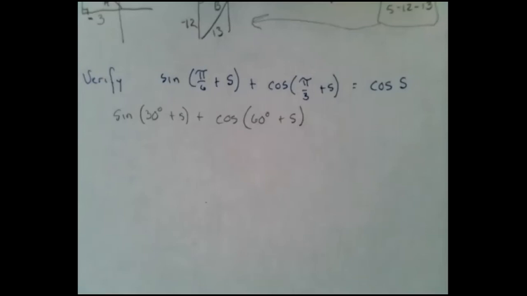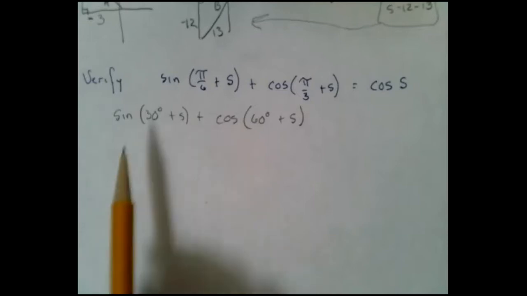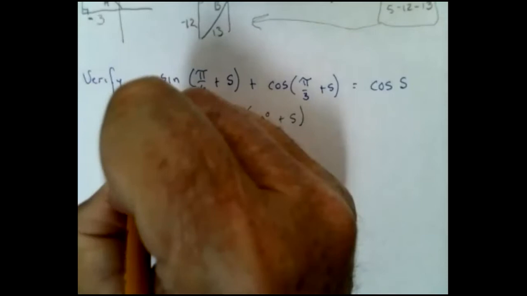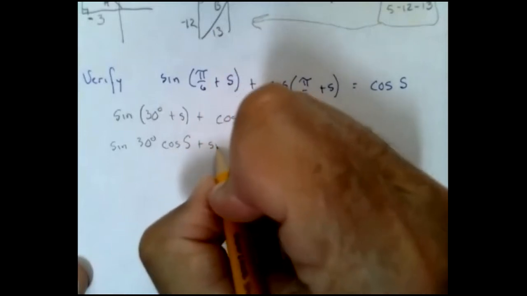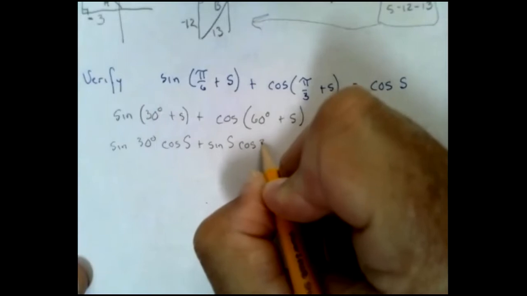Okay, I'm going to attack these, seeing if I can remember what both of them were. I'm starting to use them and use them and use them. And hopefully you're doing homework right away this afternoon and you're using them because you'll remember them quicker. Sine of the first, cosine of the second, plus sine of the second, cosine of the first.